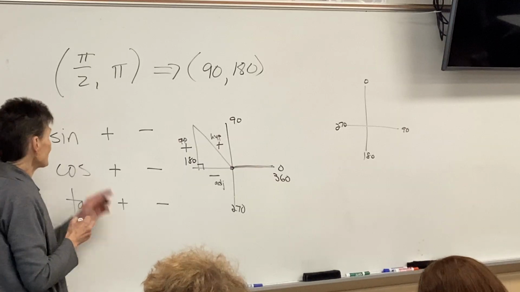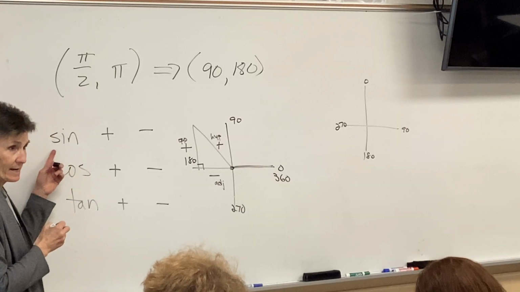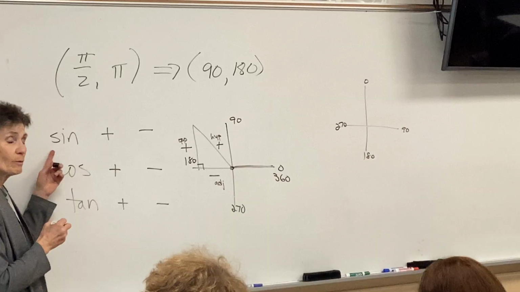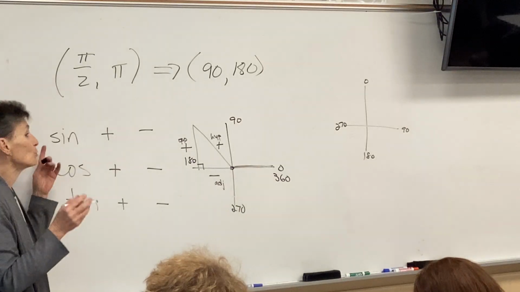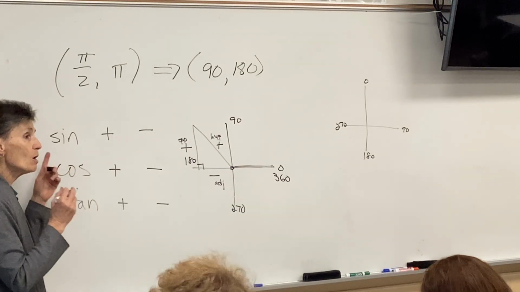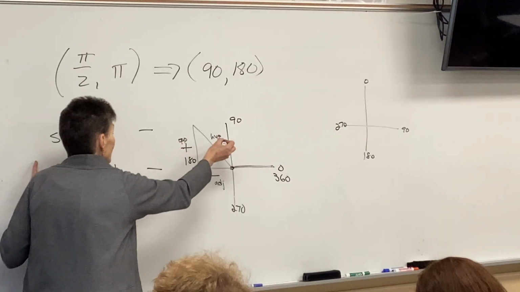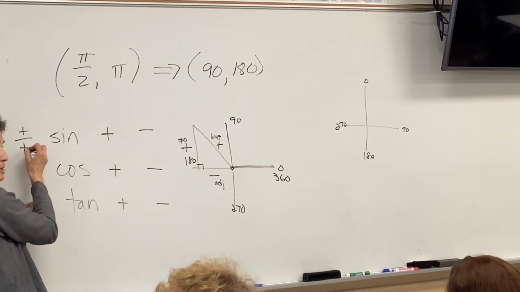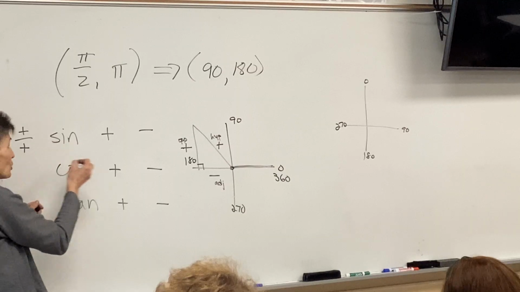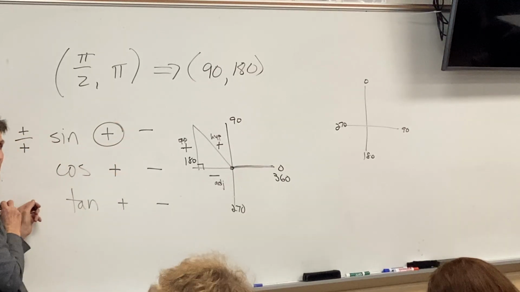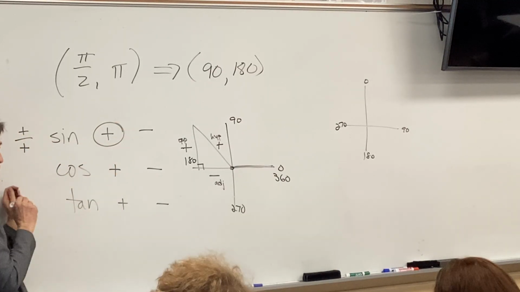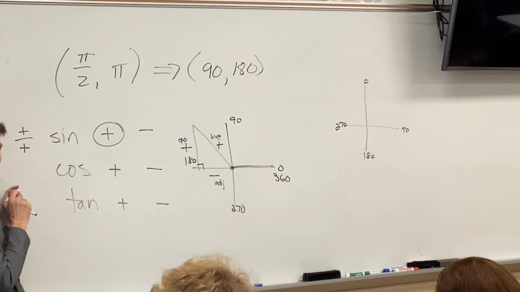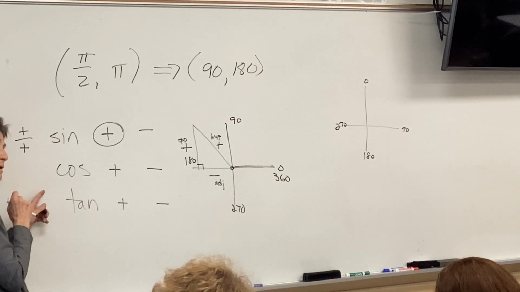So when they ask me about the sign, again, I don't have any numbers, so I'm not going to be able to say 2/3. But I know that opposite and hypotenuse are both positive. So when I build that fraction, my sine will be a positive number. I don't know what the number is, but it will be a positive number. Now what about cosine?